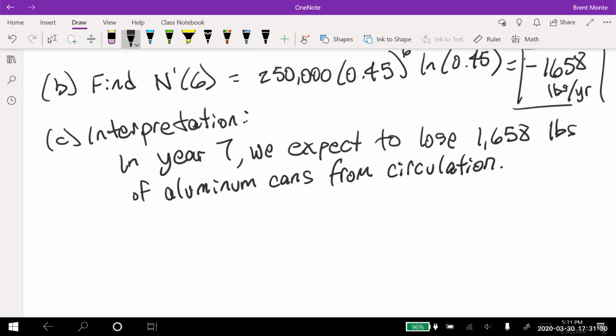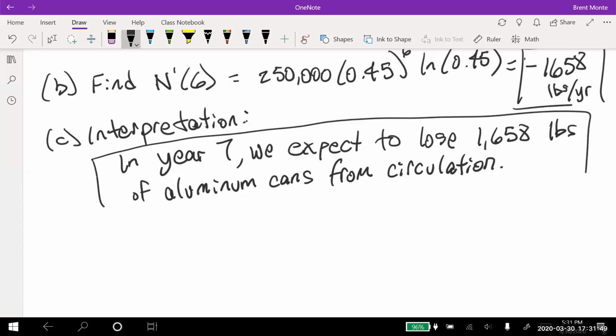Whatever existed in year 6, going into year 7, we're going to lose another 1,658 pounds of those aluminum cans that ended up in the landfill or whatever they did. They did not get recycled. They've gone out of circulation. But that's why I like putting a number in here so that we can actually have a nice interpretation and see what things mean.